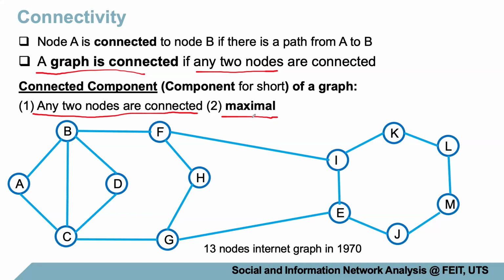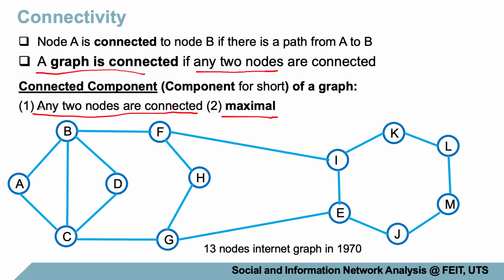And there's another property: it is maximal. We will use this term in many definitions. By maximal, we mean that you cannot add any other vertex or edge to this graph while the graph still maintains the property.